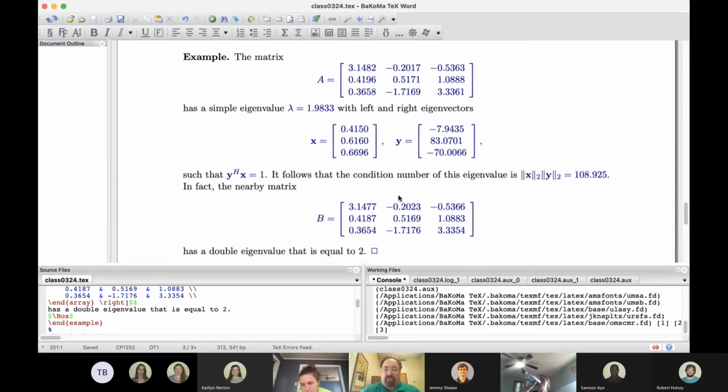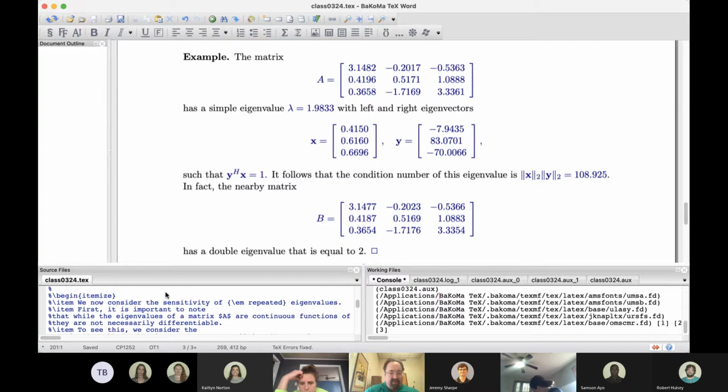But we can also say that a relatively small change to this matrix can lead to a relatively large change in this eigenvalue. All right, so that's for simple eigenvalues.